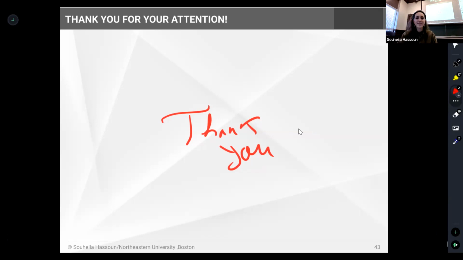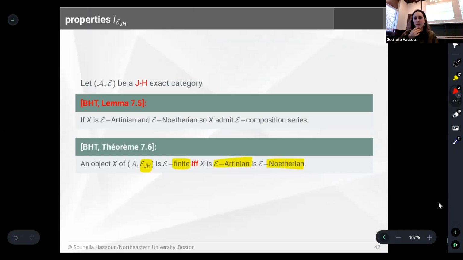Hi. Hey, I think I might have a question. Yeah, sure. One of the things I was curious about is, for these exact structures, do you have a sense of when there's enough projectives? You can define the notion of projectives and things like that. Yeah, relative projective. By taking admissible epimorphisms instead of epimorphisms, you get a relative projective.